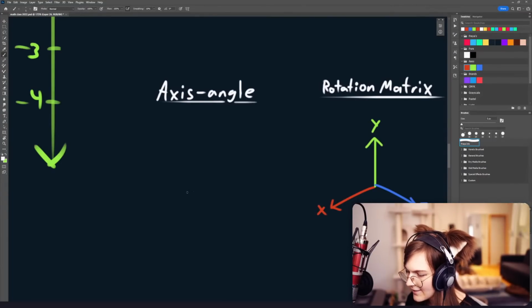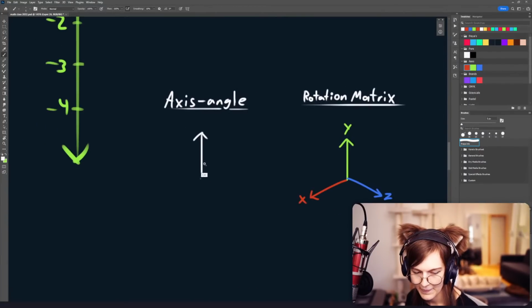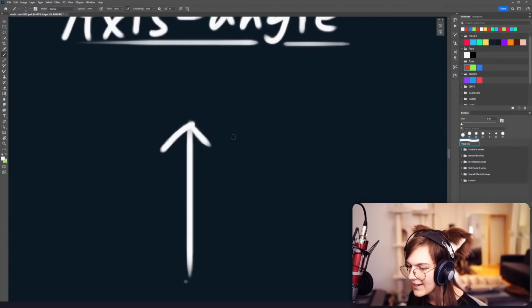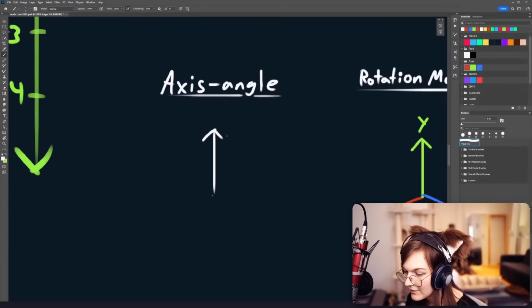And so axis angle is basically a rotation described by a vector. The vector itself is the axis around which it's been rotated, and the length of the vector is the angle.